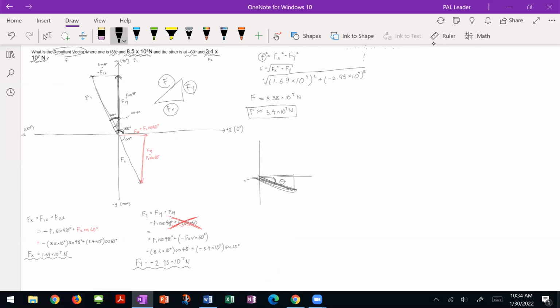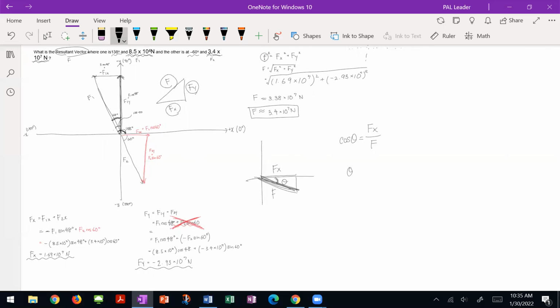Last time I think I used tangent, so this time I'm going to use cosine to find the angle. So cosine theta would be, if this is Fx, no, sorry. This is just F. This is Fx. It'd be Fx over F. Does that sound right? Yeah. Okay. And we're looking for the angle. I'm going to take the inverse of cosine. If you don't know how to do that on your calculator, just comment below.